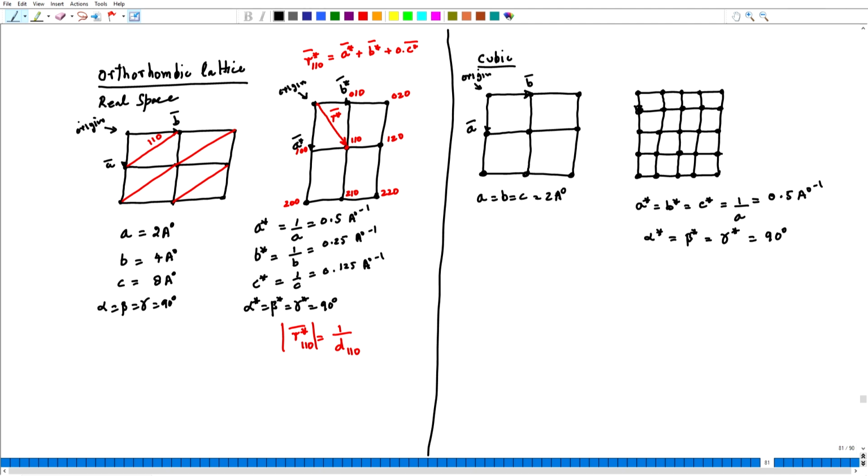This is the vector A star, this is the vector B star, and C star is perpendicular to the figure. Now, consider for example, a plane 1 1 0.